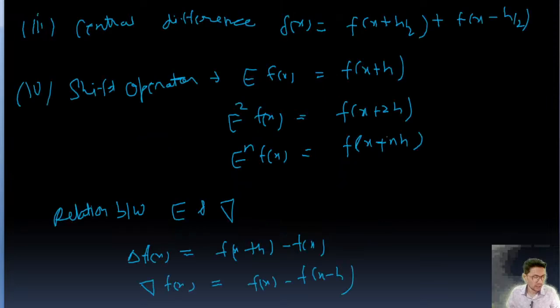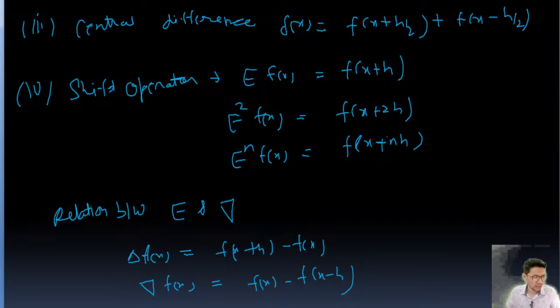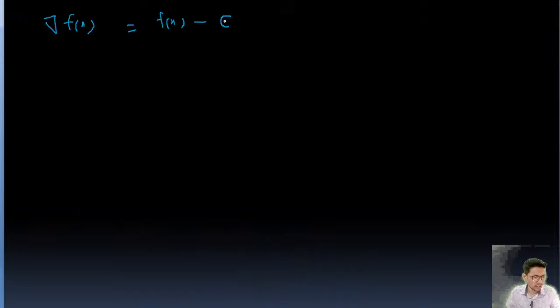Okay, this page. So from here we can write backward delta f(x) is f(x) minus f(x minus h), which means E to the power minus 1 f(x).